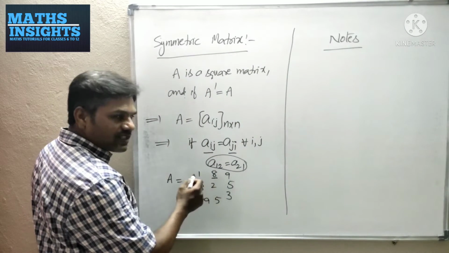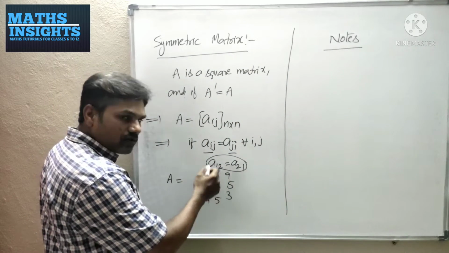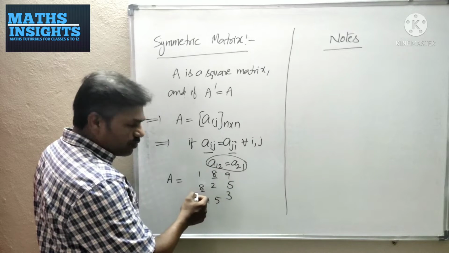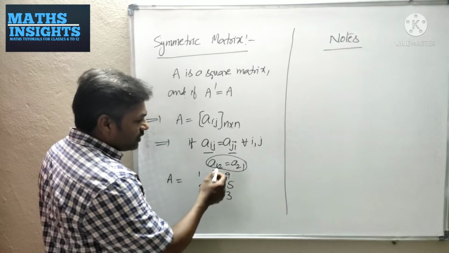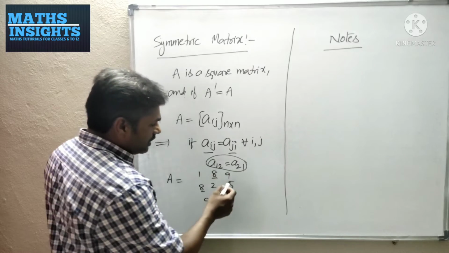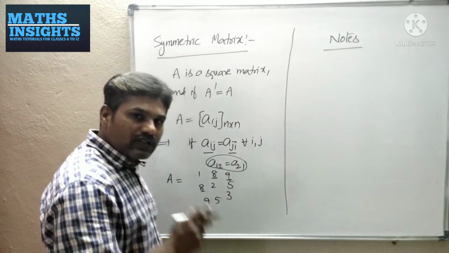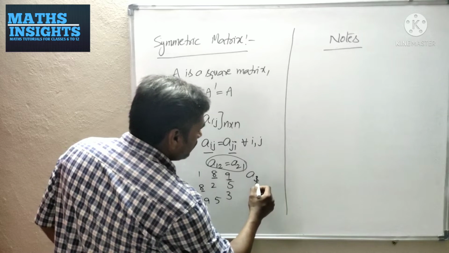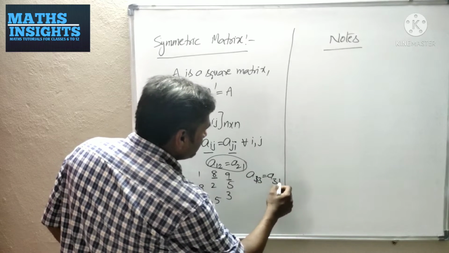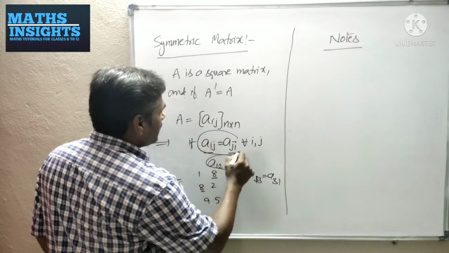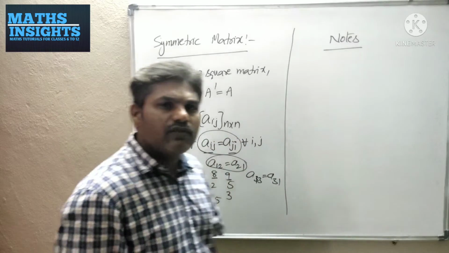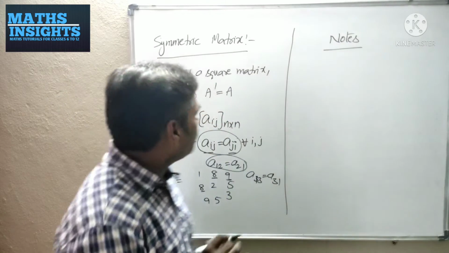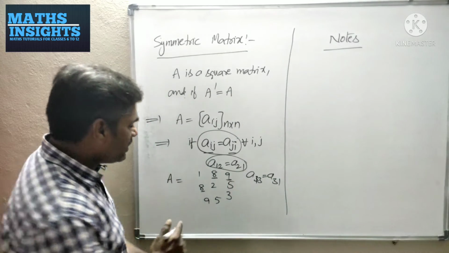This position is 1, 2, first row, second column. So here also, second row, first column, A12 must be equal to A21. Here also 1, 3, first row, third column, that should be equal to A13 is equal to A31. Because Aij must be equal to Aji, only then A will become a symmetric matrix.